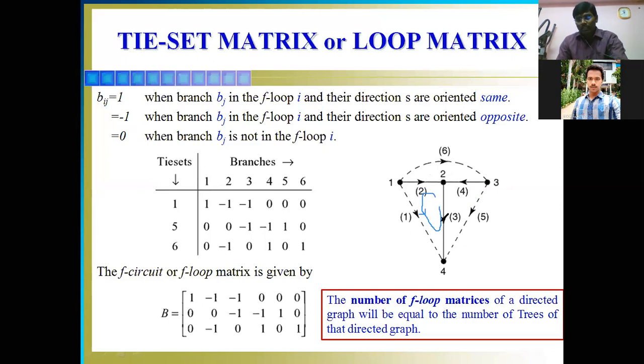If it is opposite, its value is minus 1. The size of the tie-set matrix is the number of tie sets by the number of rows.